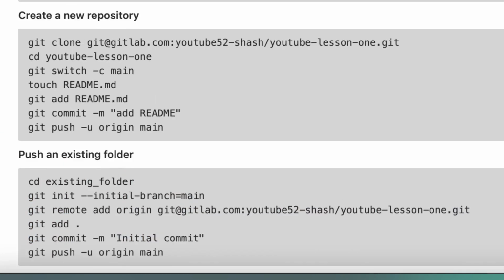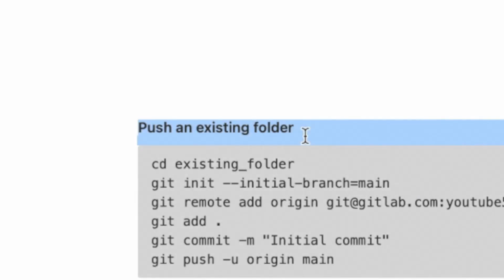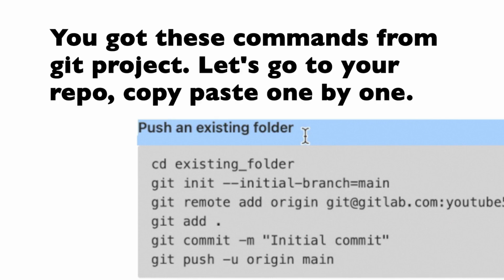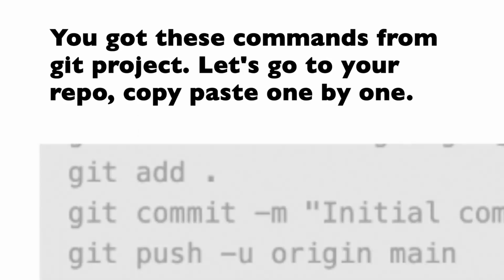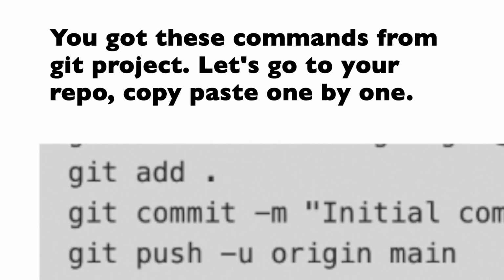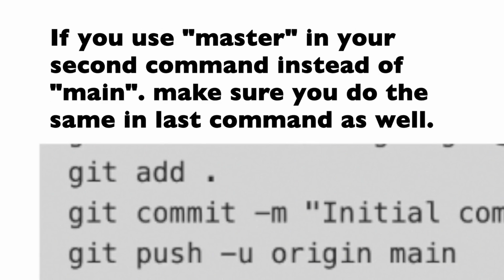Starting from the next command, you have to copy and paste each one by one, and also make sure that there is this main. If you prefer to go with master, make sure you change master in the last command as well. So let's do that. Copy and paste all these commands.